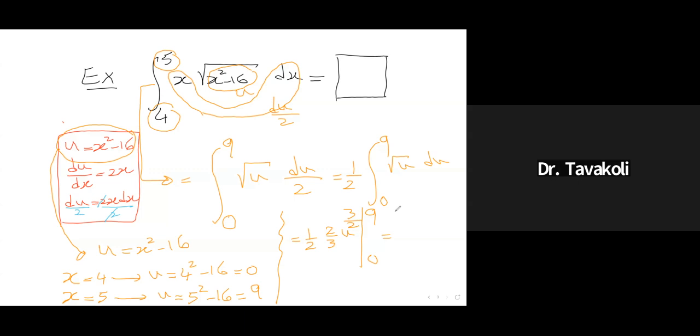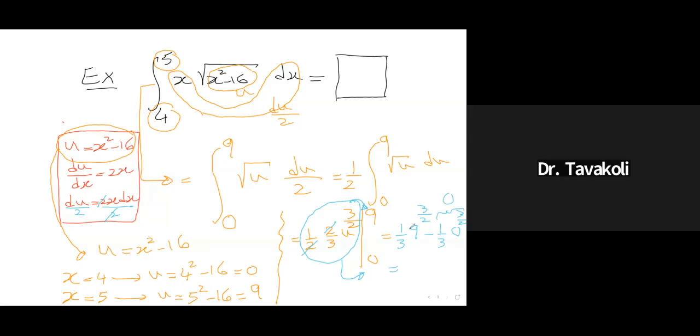Before doing that, I see that 2 and 2 cancel out. Now, 1/3 u to the power of 3/2, I should evaluate at 9, so 1/3 times 9 to the power of 3/2, minus this function at 0, minus 1/3 times 0 to the power of 3/2. 0 to any positive power is going to be 0, so the second term is nothing except 0.